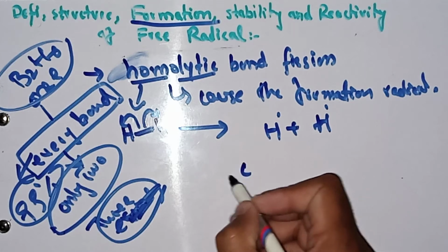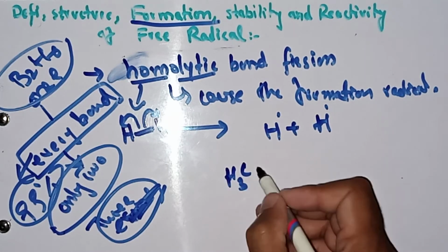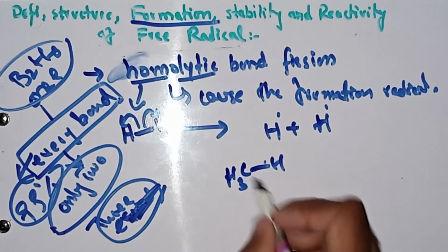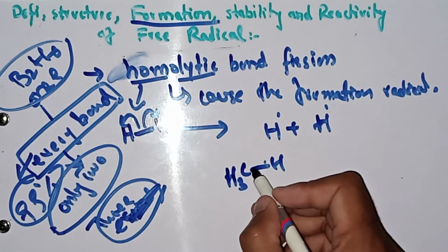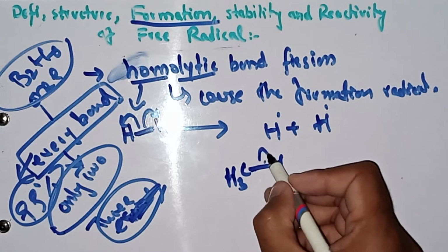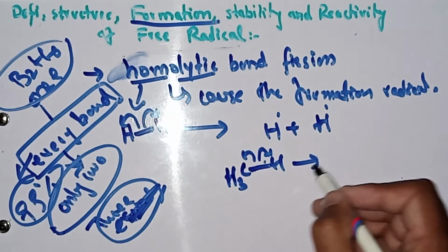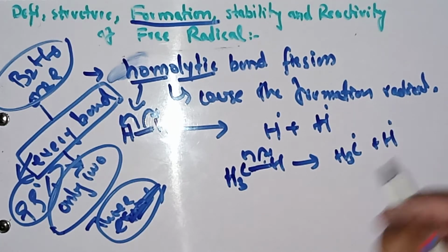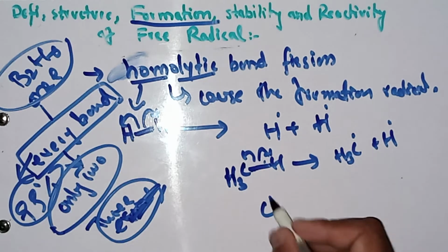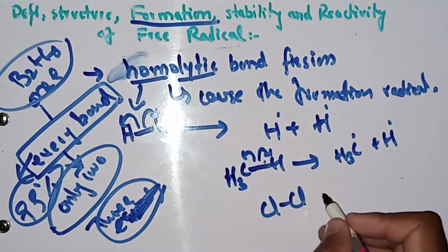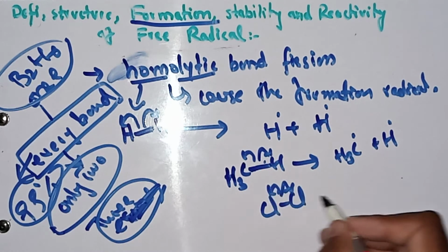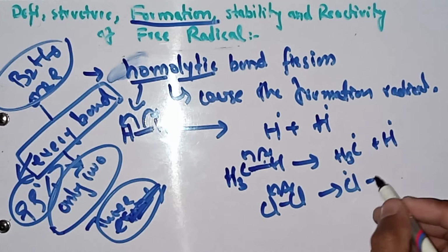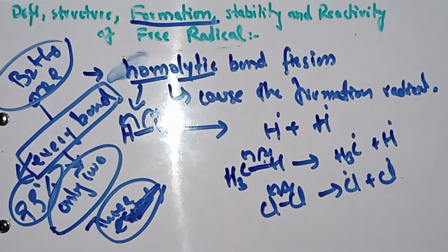Like this is CH3-H, this is CH4 methane. If this bond breaks homolytically, it will cause free radicals. Let's suppose this is Cl2. If the bond breaks homolytically, free radicals will form.